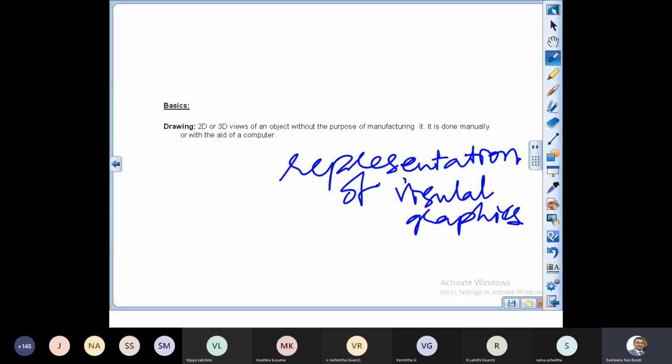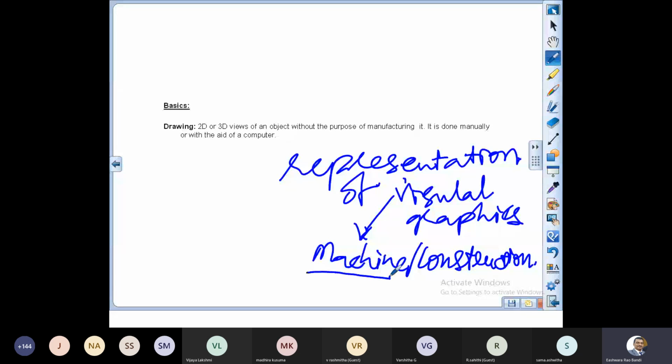So visual means only the machine parts or else the constructional parts. The visual graphics that we discuss here in engineering drawing, which are produced on a sheet, are called engineering graphics. What we produce here are machine parts or the constructional parts. That's it.